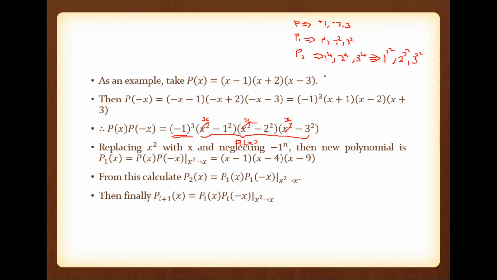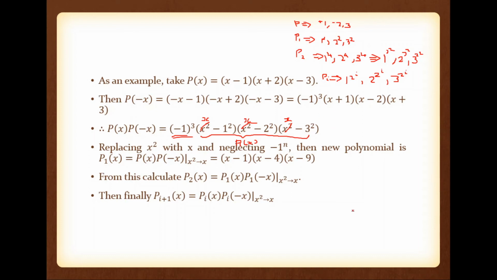So what about Pi? After the ith transformation, the roots of Pi are 1 raised to 2 raised to i, 2 raised to 2 raised to i, 3 raised to 2 raised to i. So this will be the roots of Pi. From Pi, can we find the roots of P? Definitely.